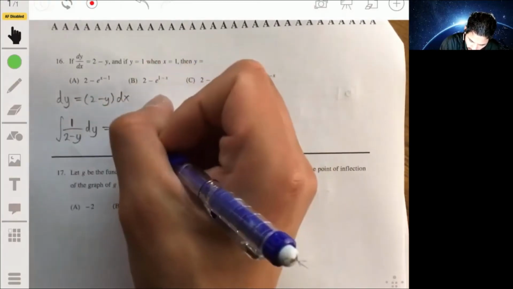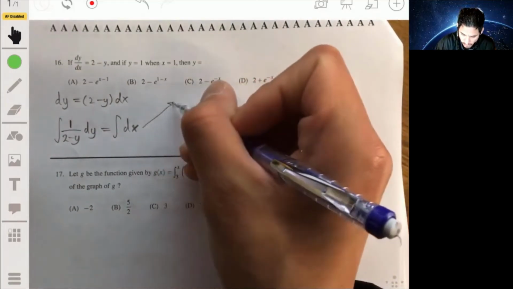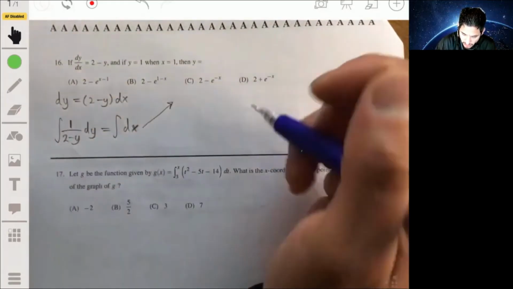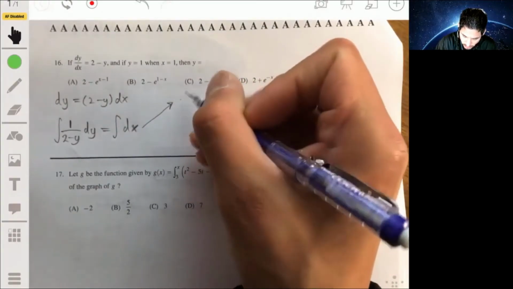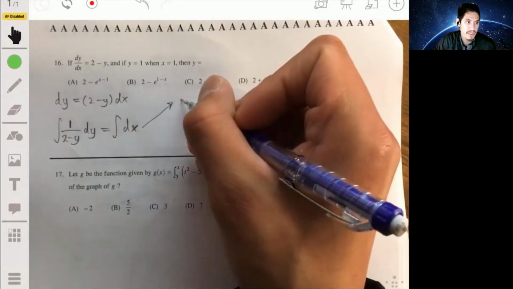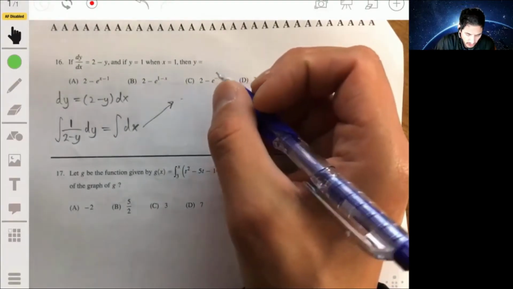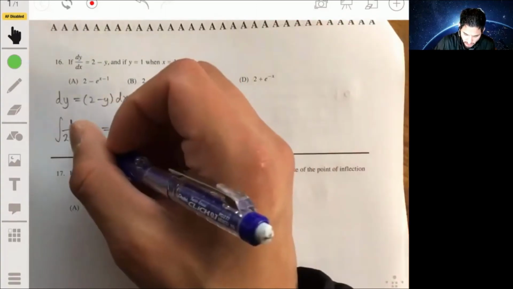And then we just integrate both of these. Integrating the left, we can find using the u substitution, or using basically it's going to be the natural log function. Now I'll work it through just in case you get confused by this.